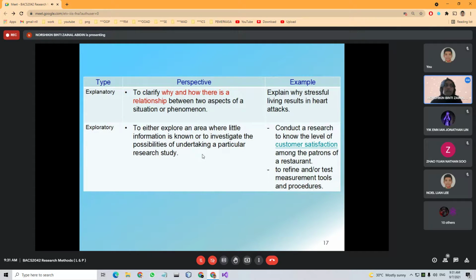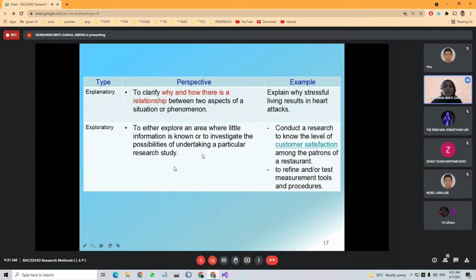Exploratory, the last one. Exploratory is a type of research where research has already been conducted, but we want to know more. For example, the COVID-19 issue. I want to do research on COVID-19. COVID-19 is not new, even though it's only 2 or 3 years, I'm not sure, since 2019.